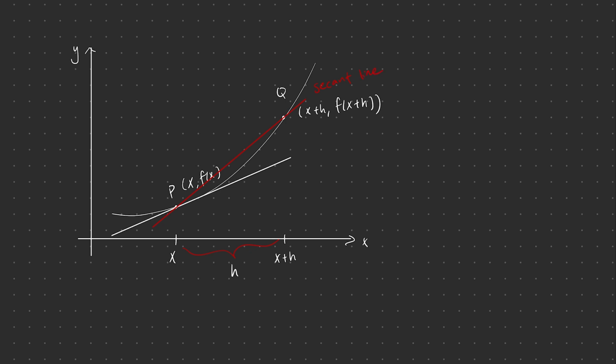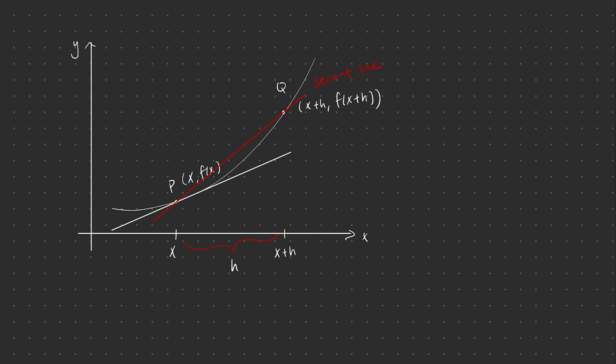And we know that we can find the slope of the secant line by doing rise over run. Using our points, we have f of x plus h minus f of x over x plus h minus x.